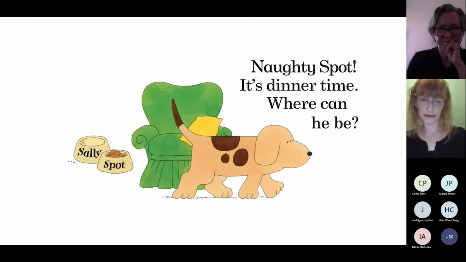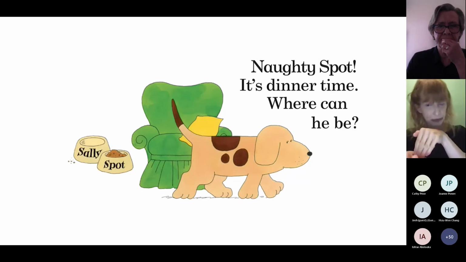Where is she going? Or you could even do go in that one as well. Where is she going? And then if you're able to have an interaction with the child around maybe she's going to look for Spot, then you might say, let's help her. Let's help her look for Spot. Let's turn the page and see where he is.